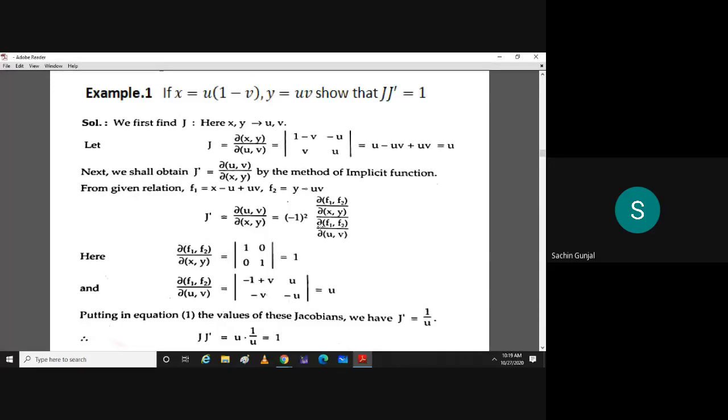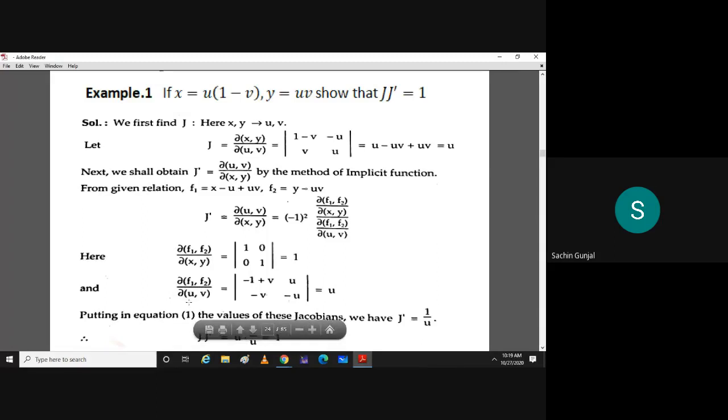Now let us calculate this denominator, Jacobian of f1, f2 with respect to uv. So f1 with respect to u is minus 1 plus v. f1 with respect to v is u, since x and u are constants.